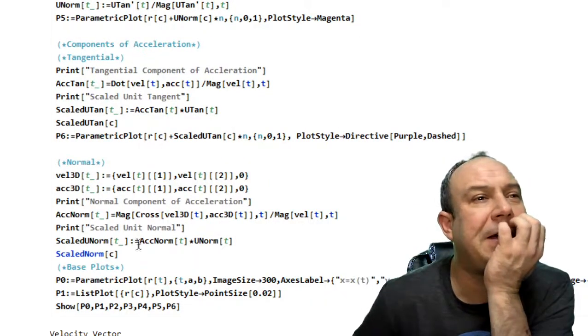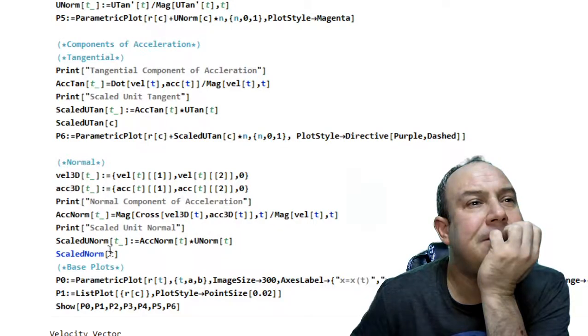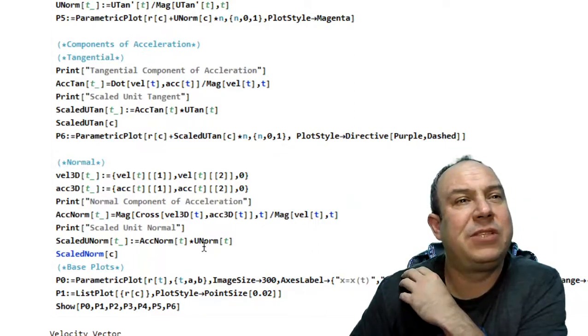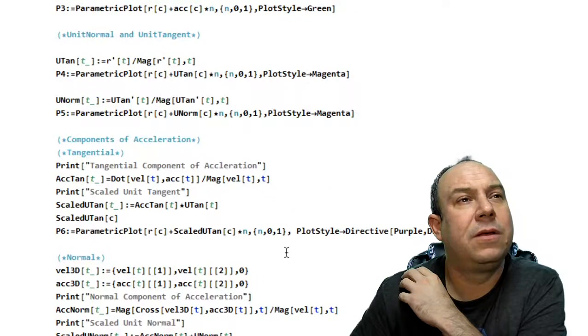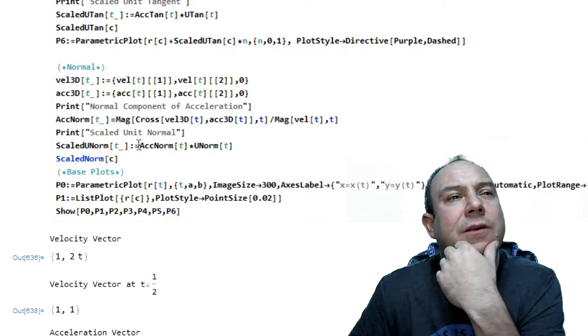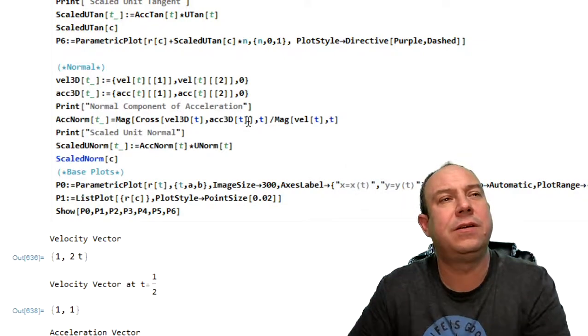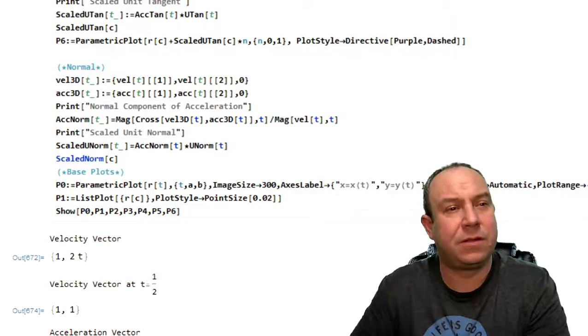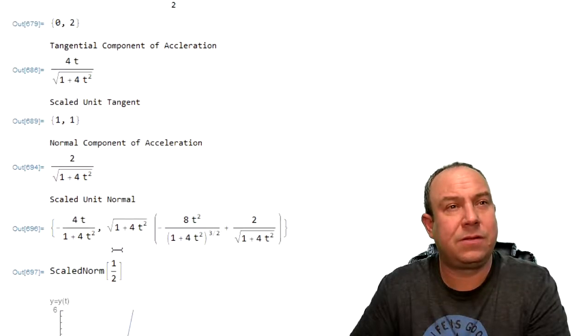All right, what do we got going on up here? T times the unit norm at t. Is the error in here? No, that's the scaled unit normal.